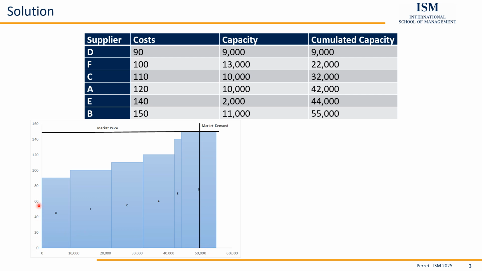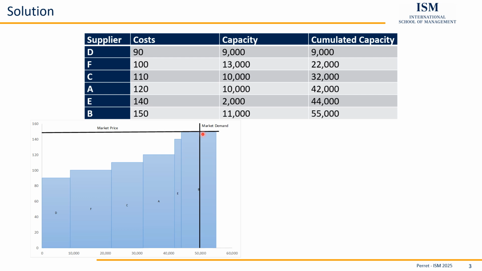For the height of the resulting boxes from this, because, well, if I mark here, make a line up here, up here, up here, I get one box per supplier. For the height of the boxes, I simply take the costs. So it starts with the smallest one, with 90, 100, 110, 120, 140, 150.